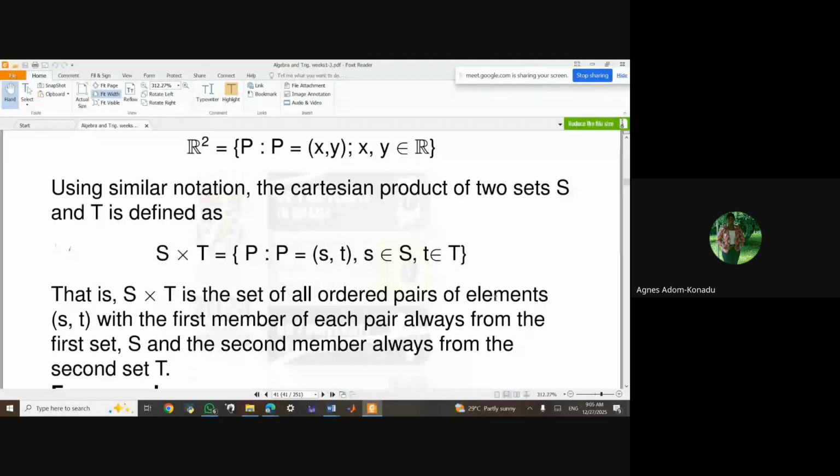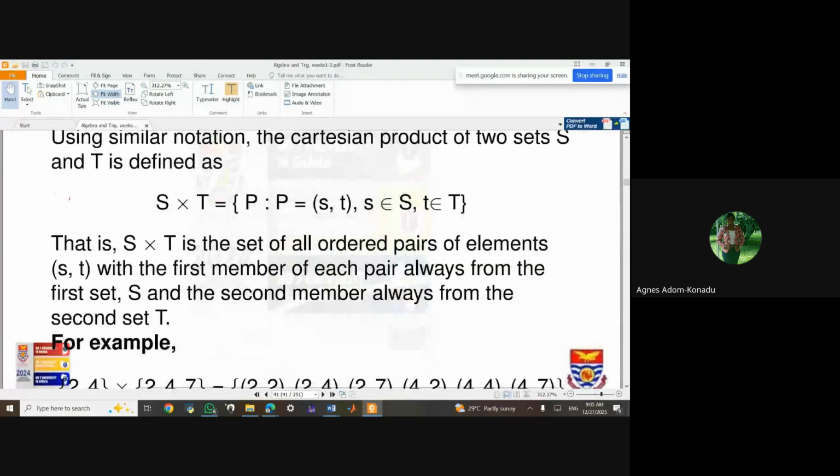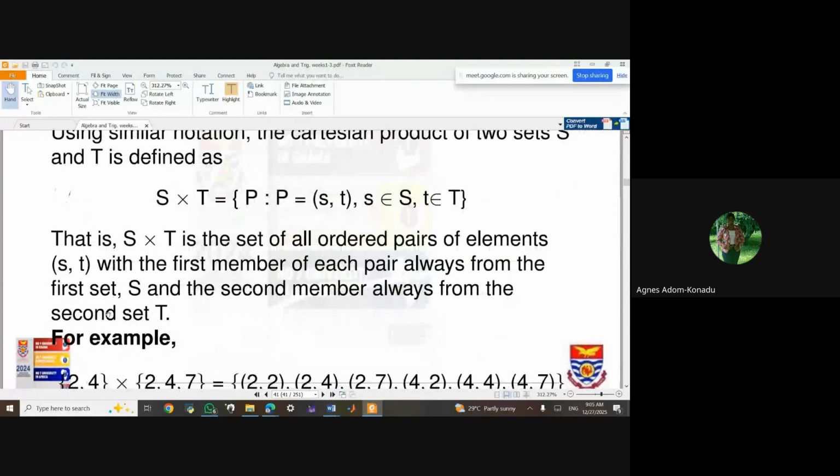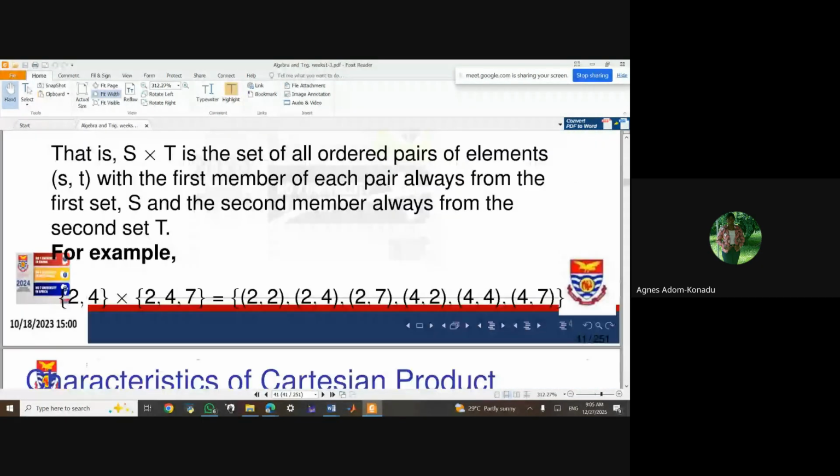Ordered pairs of elements s comma t, with the first member of each pair always from the set S and the second member always from the set T. So for example, if I have the set 2, 4 cross the set 2, 4, 7, this means that I'm choosing the first element from the first set and then the second element from the second set.